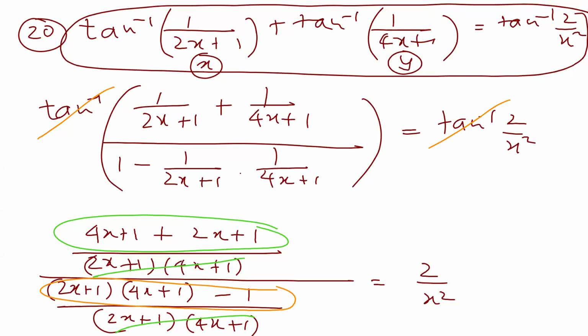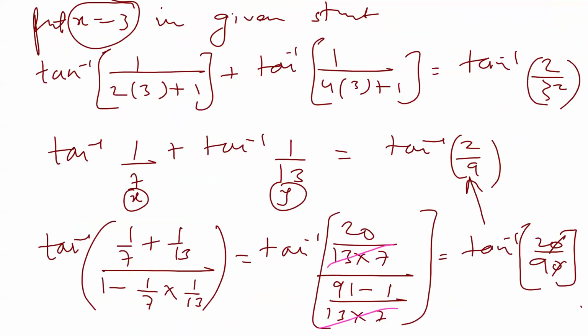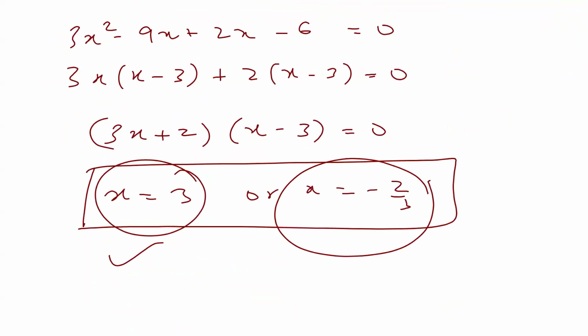That I leave up to you. You can check it for yourself. Fine. So x is equal to 3 is one of the solutions. Whether x equal to minus 2 by 3 is a solution or not, you need to check. Let's go to the next problem. Question number 21.